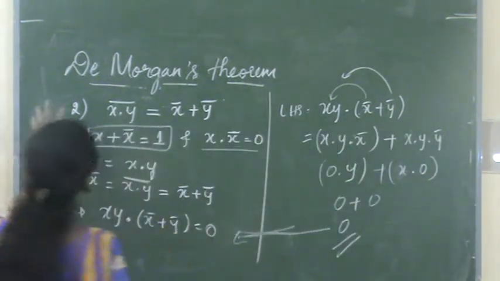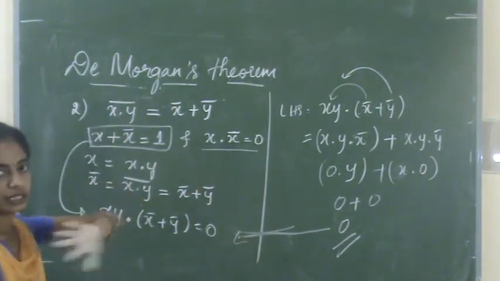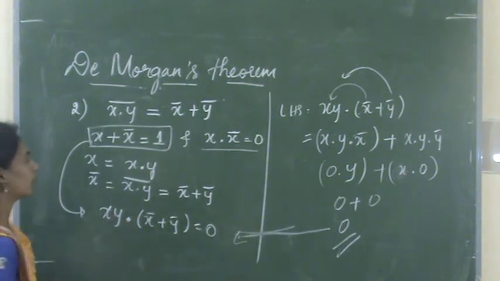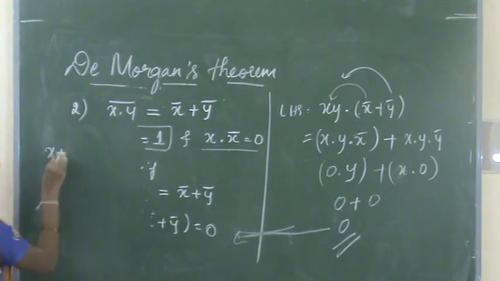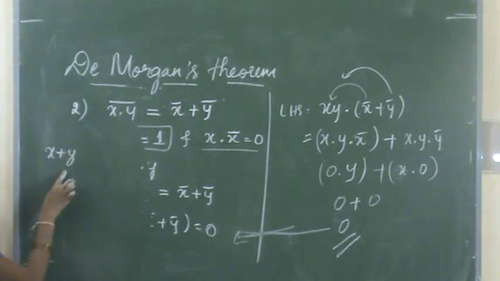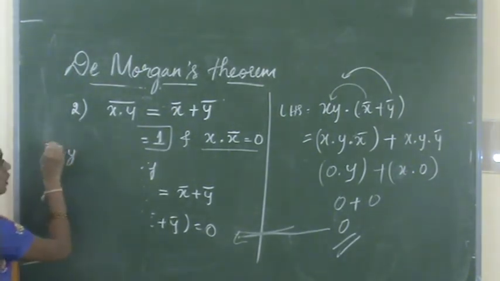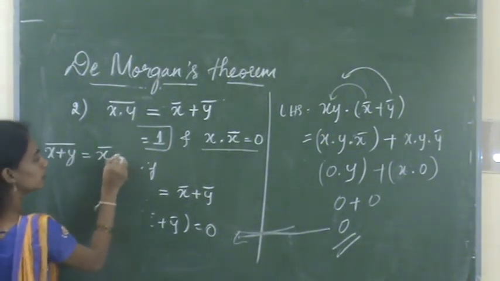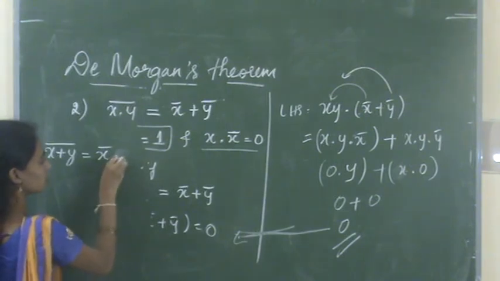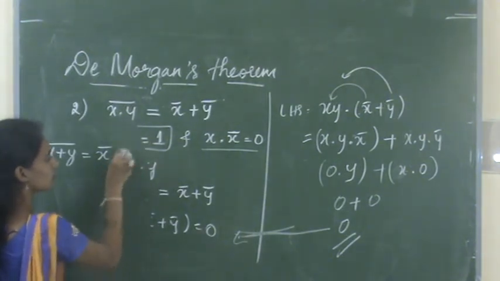So this is about De Morgan's theorem. So in this we have two theorems. One is x plus y. We are performing the OR operation. The complement of OR is equal to the individual complements with the AND operation. Okay.